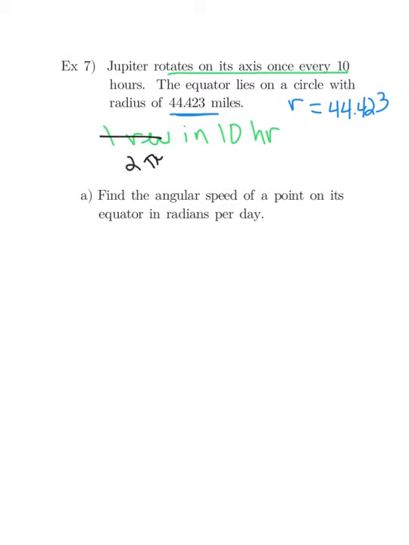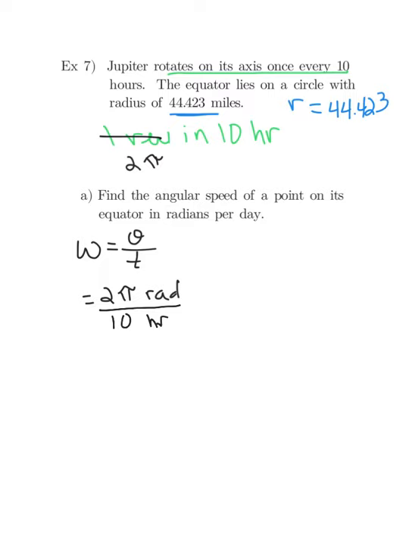So if we think about our basic definition of omega, angular speed equals theta over time. We know our angle, it's 2 pi. So we are going to have 2 pi radians divided by our time, which is 10 hours. So right now we are in radians per hour.